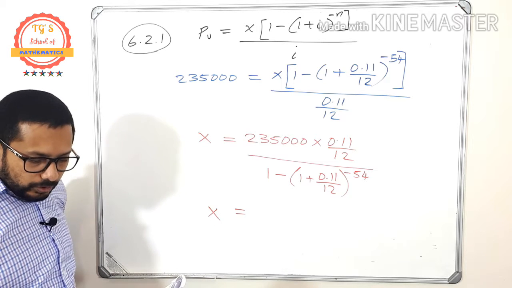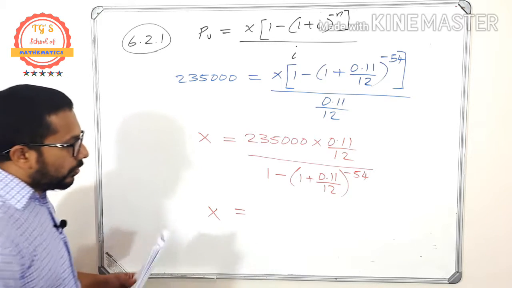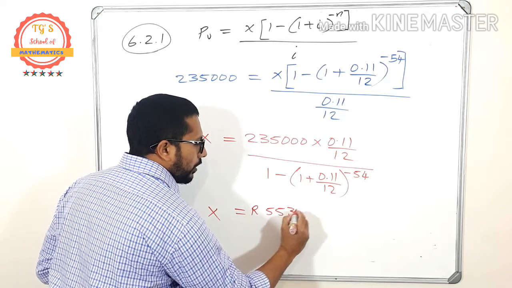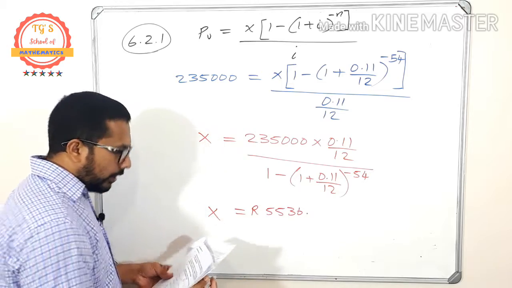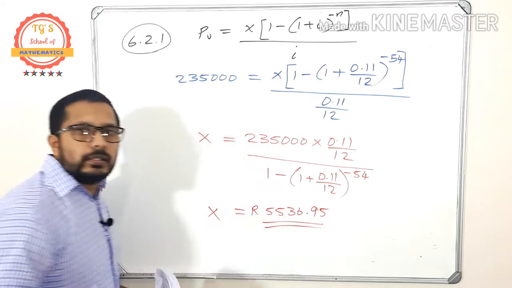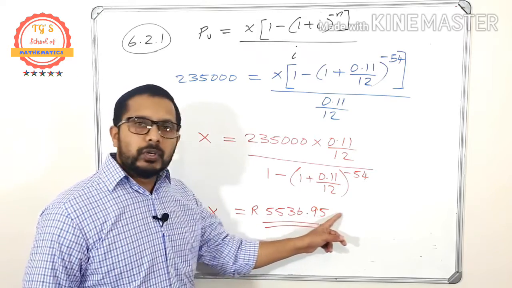So the answer that I got in my calculator is 5,536 rand 95 cents. Actually it is 94 something. Okay.